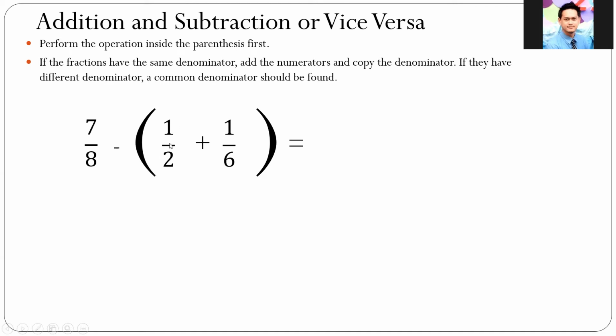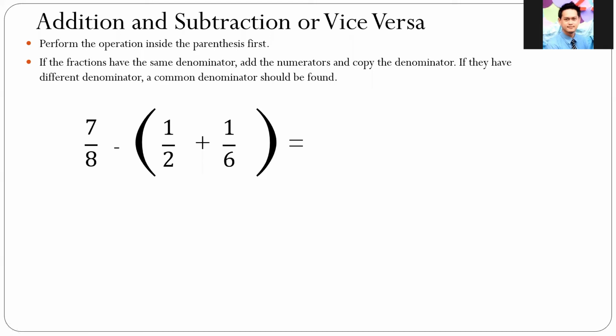7/8 minus, open and close parentheses, 1/2 plus 1/6. So this is our parenthesis. In this equation, you have to solve first inside the parentheses. So let's try. They have different denominators.